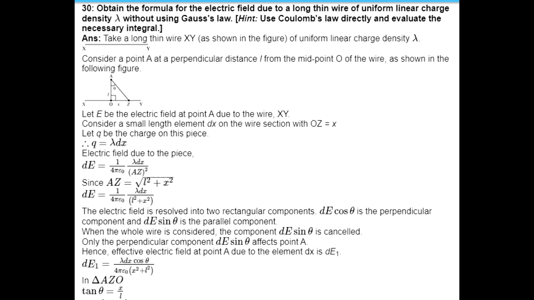Since AZ is equal to under root of L square plus x square, we can write it as K lambda dx upon L square plus x square. The electric field is resolved into two rectangular components, dE cos theta, the perpendicular component, and dE sin theta, the parallel component to the wire. When the whole wire is considered, the component dE sin theta is cancelled due to opposite elements. Hence, the perpendicular component dE cos theta affects point A.